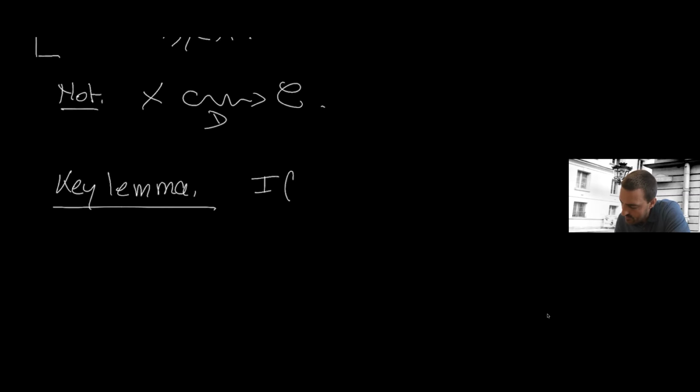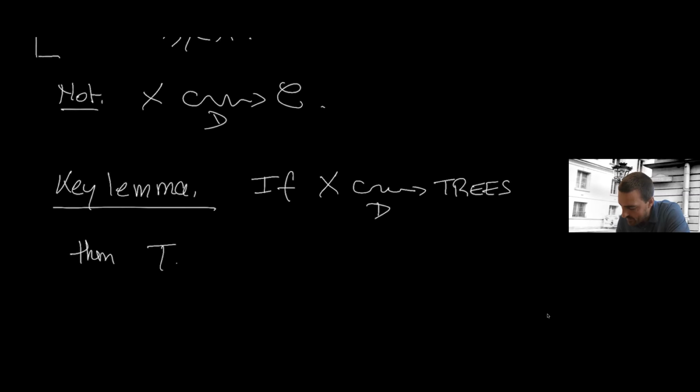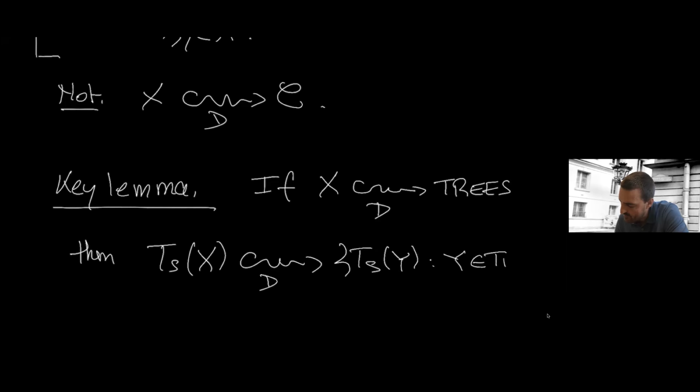If X stochastically embeds with stochastic distortion D into tree metrics, then the traveling salesman space over X also stochastically embeds into traveling salesman spaces over Y, where Y is a tree metric.